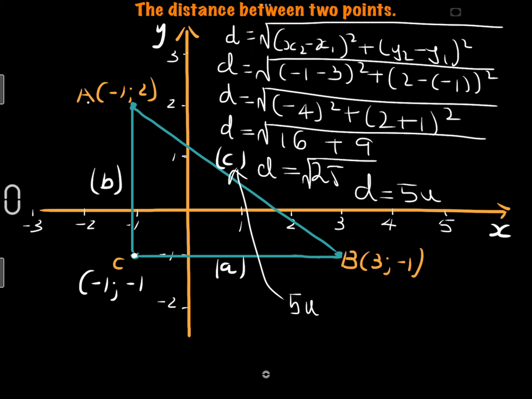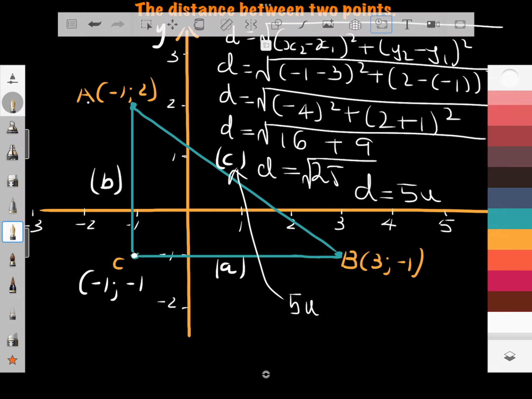So now what we did here, we just simply found the distance from A to B. We can go ahead to find the other distances, or rather the lengths of these sides. We just need to find another additional length.